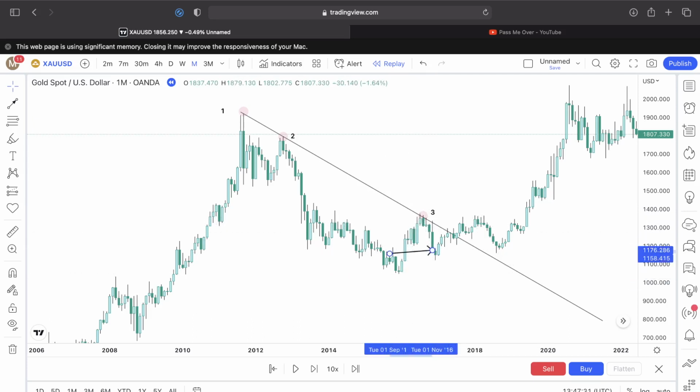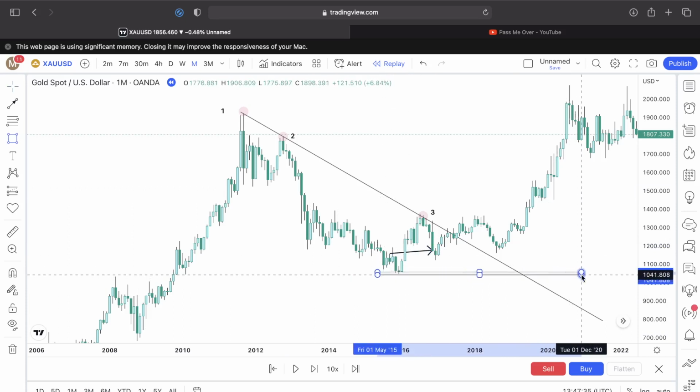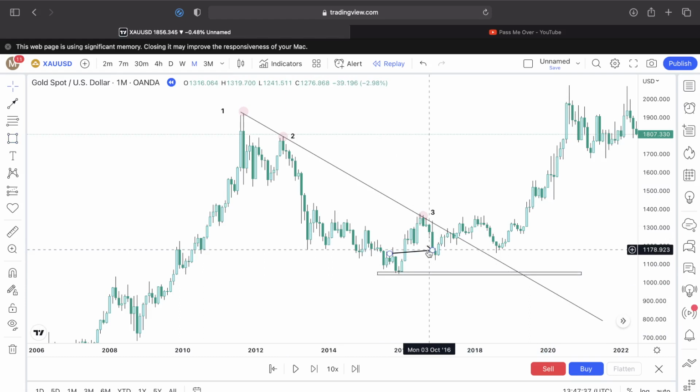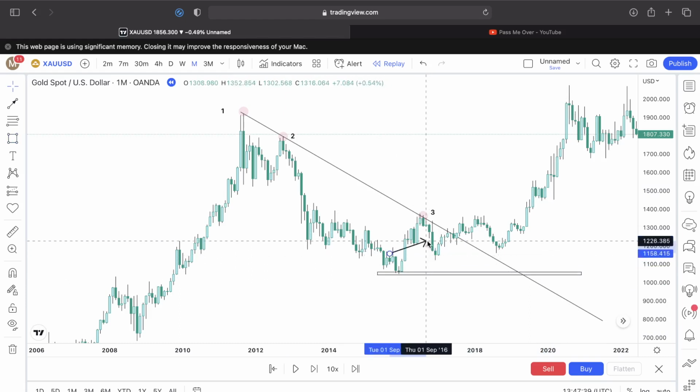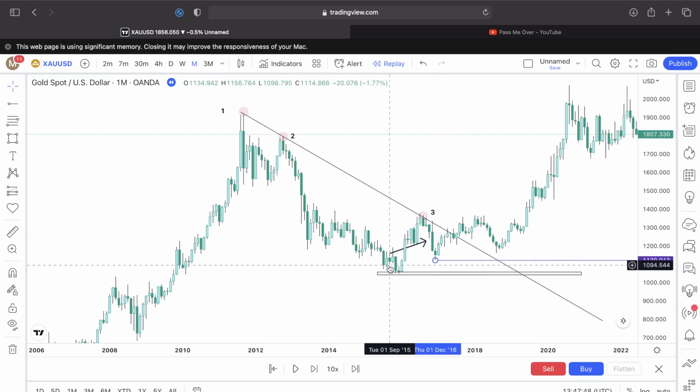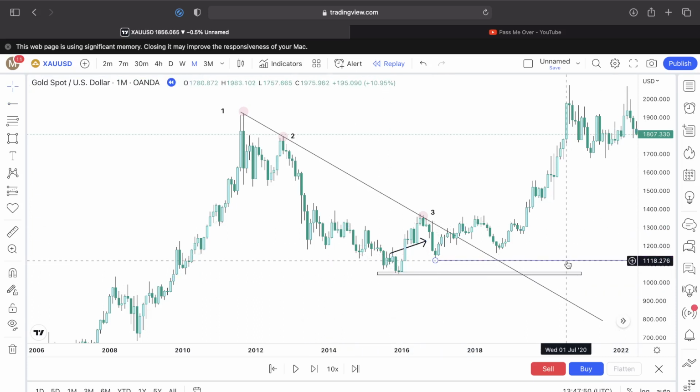And then we have here another area of support. This area of support, it was not able to breach it, right? It wasn't able to breach it, and it formed a newer lower low. We can see it here. It formed a newer low. All right, that's where it formed a new low.